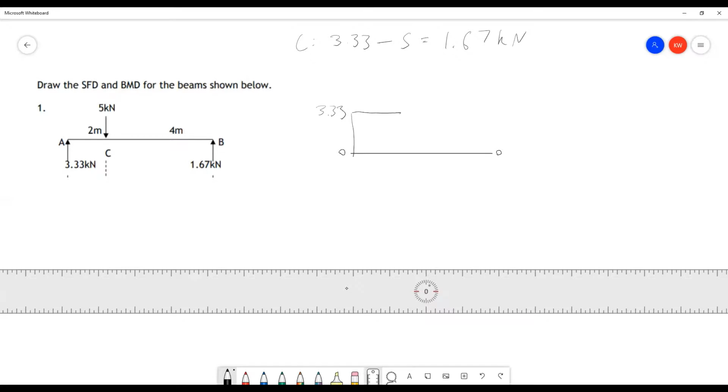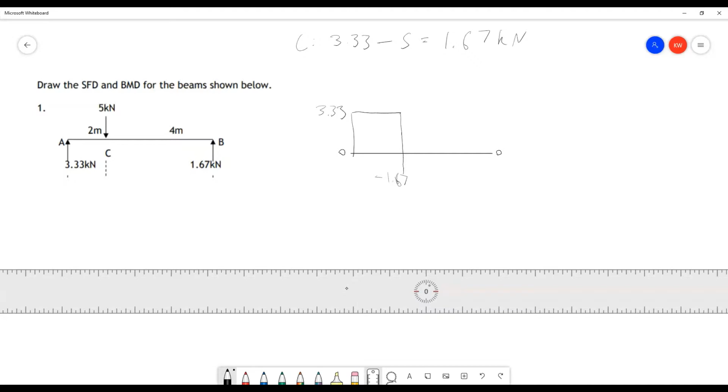So we go down through 3.33 and continue down to minus 1.67, because that's the effect of starting from 3.33 and travelling down 5 kilonewtons, the force applied at point C. As I said, when we are working with individual forces, there'll be no change in the shear force between points at which force is applied.